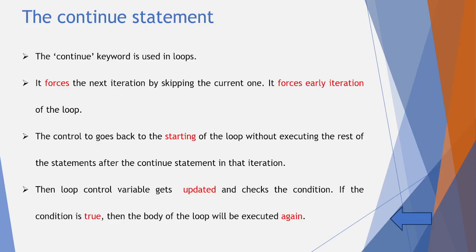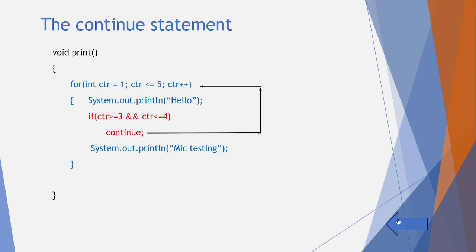Now the loop control variable gets updated and checks the condition. If the condition is true, then the body of the loop will be executed and this process continues. Look at the example. Control variable CTR is equal to 1, CTR less than equal to 5.